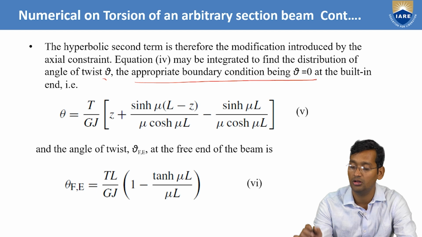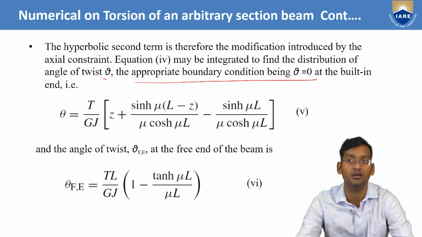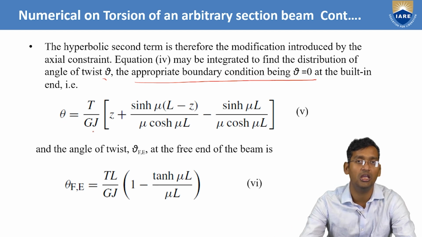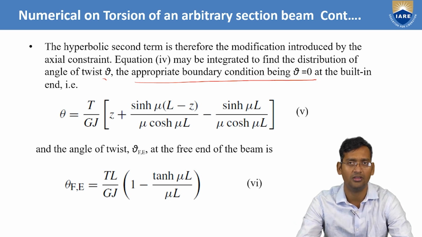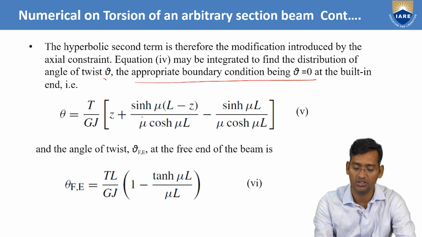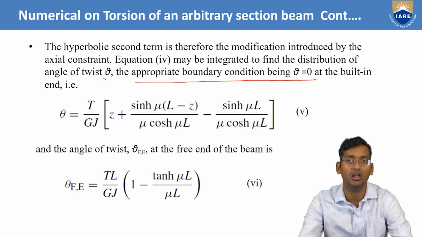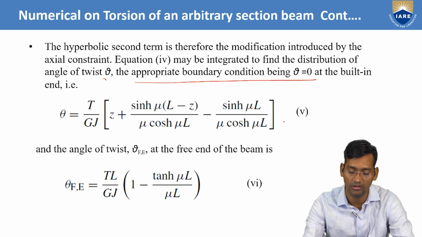Appropriate boundary condition being theta equals 0 at the built-in end, so you have to integrate from 0 to L. So theta equals T by GJ into, integration of 1 is what? z, similarly dz integration is z. So z minus sinh mu L... by mu cos mu L, minus sine mu L by mu cos mu L. So this will be the theta.